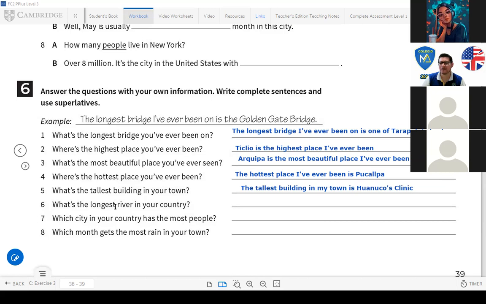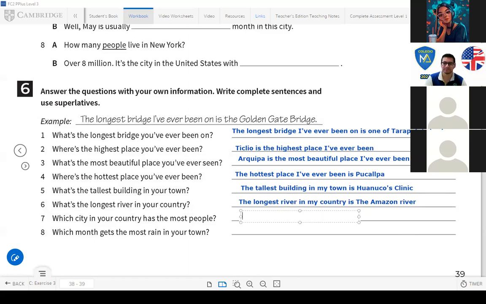Now, what's the longest river in your country? No, the Amazon, right? The longest river in my country is the Amazon River. That's the longest. Which city in your country has the most people?